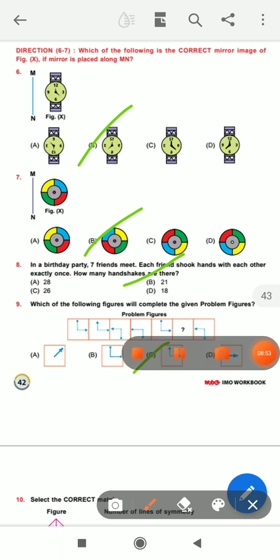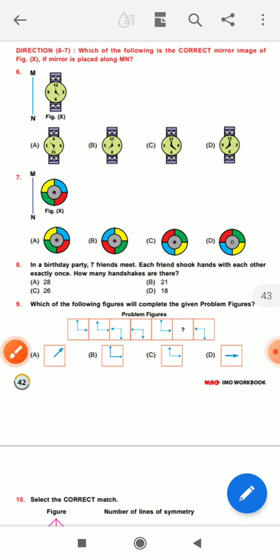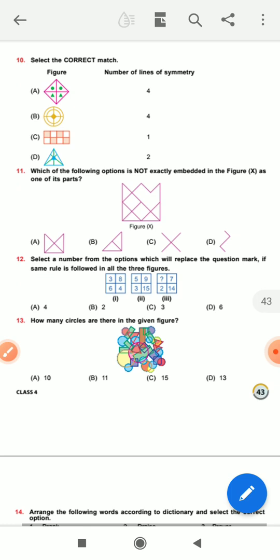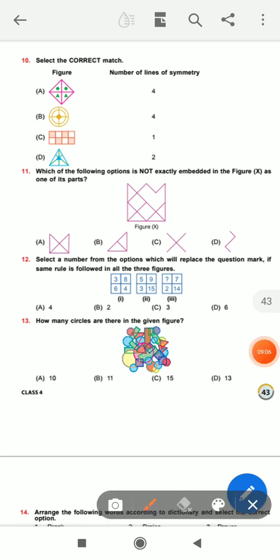Okay, student. Next I discuss question number 10. Select the correct match. First you see the figure, the number of lines of symmetry.